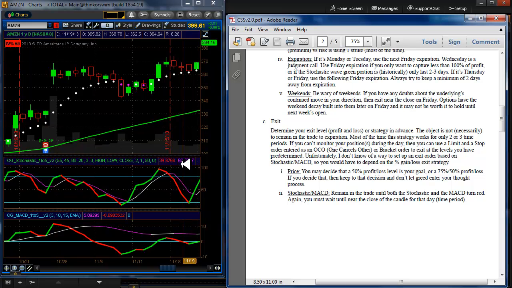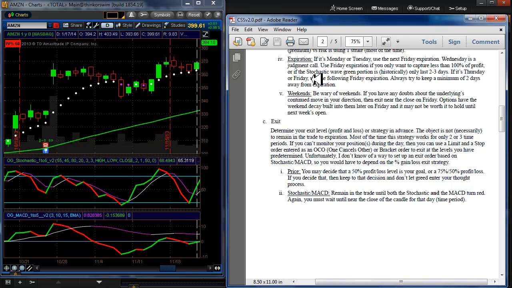So if we're talking about that, the stochastic 1 day, 2 days, 3 days, 4 days, 5 days on this one. And so that's pretty typical. Sometimes it might be 3 days, sometimes it might be 2 days. I mean, if it's shooting up really fast, it might only be 2 days.